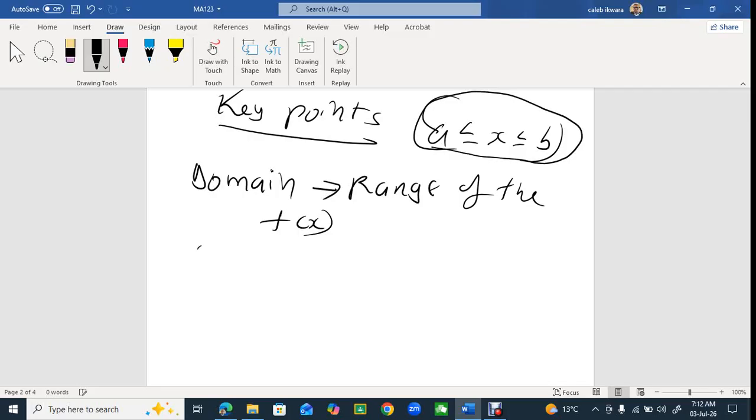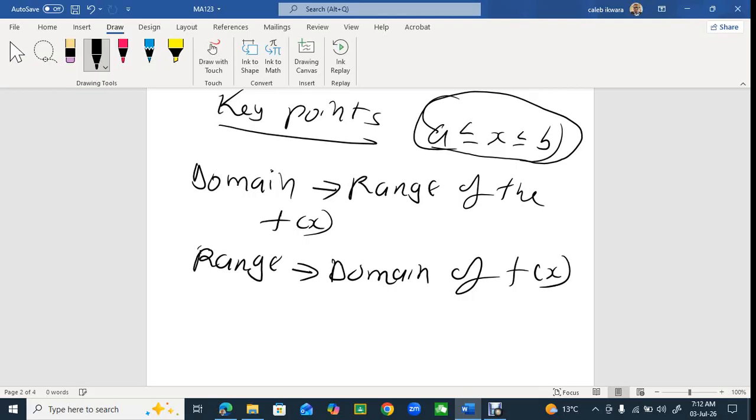So the domain of f of x is the range of f inverse.